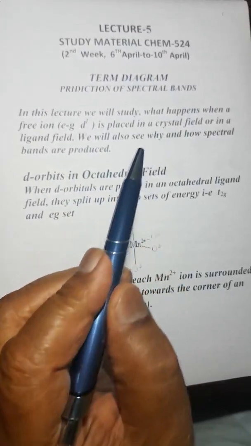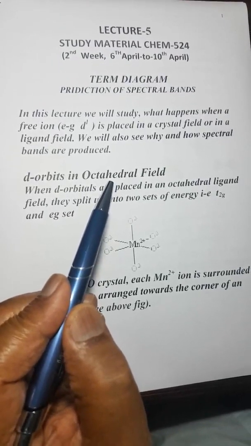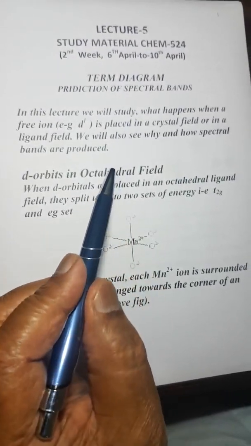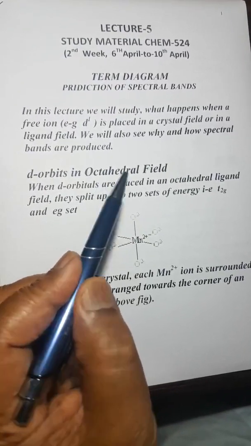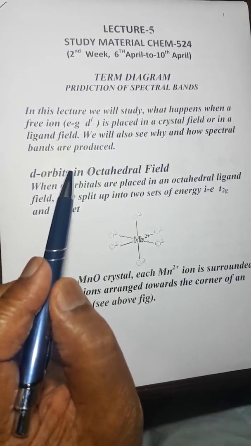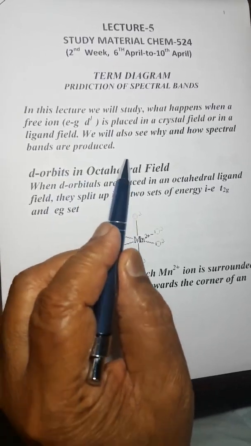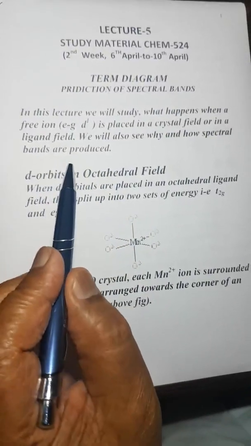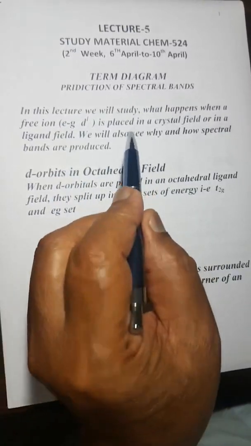Similarly, the ligand has electrons in it. When ligands come close to the metal, something should happen. What happens is that the d orbitals of the metal, which are degenerate, split up due to this interaction.